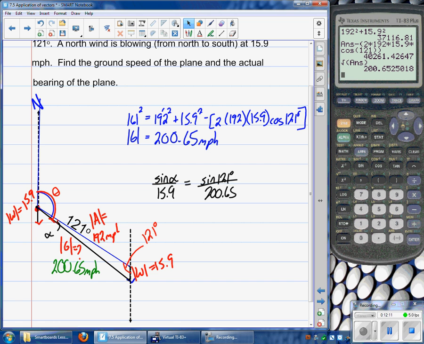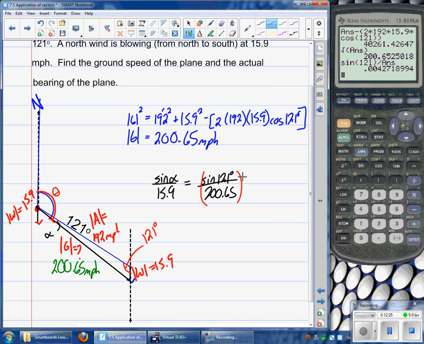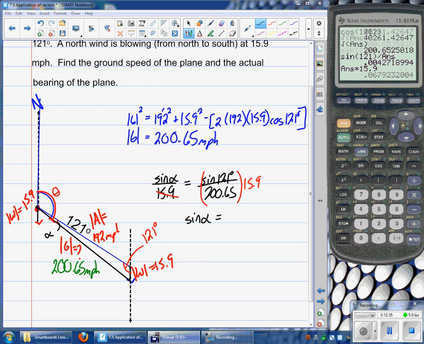So plugging that in, if we go sine of 121, divided by that answer, which is our 200.65, what we would then need to do is multiply that by 15.9 to get sine alpha by itself. And so times that by 15.9, hit enter.